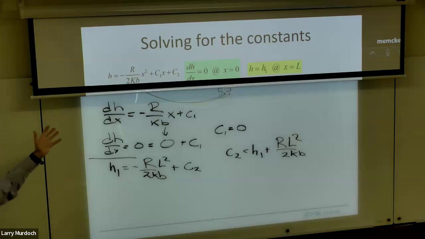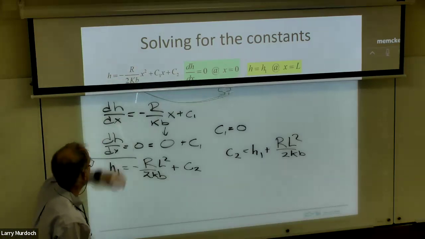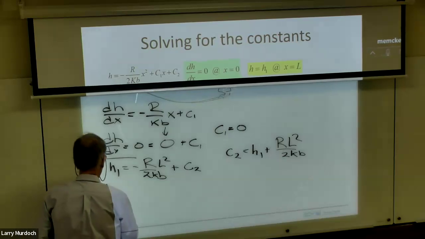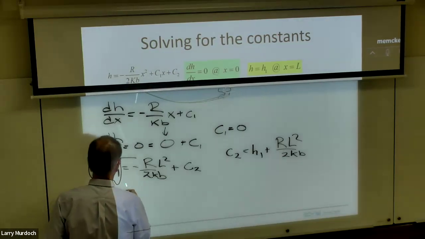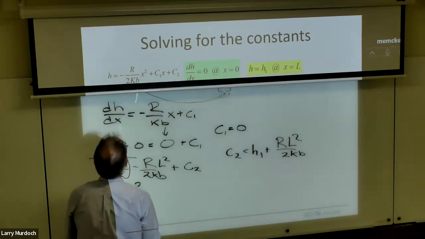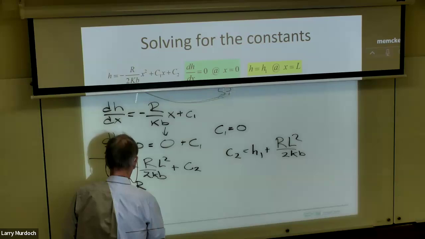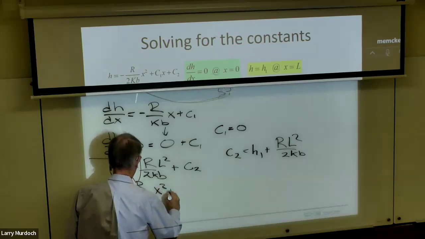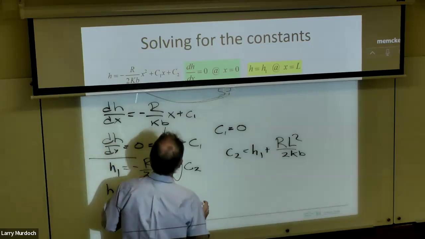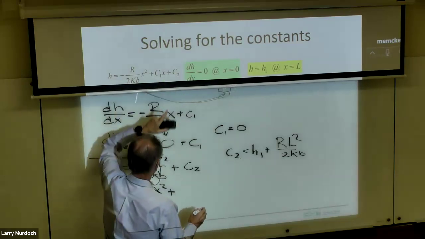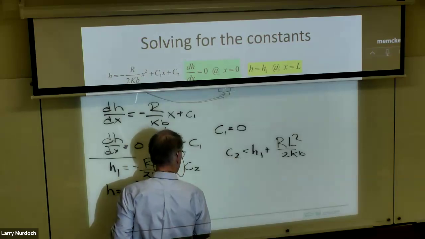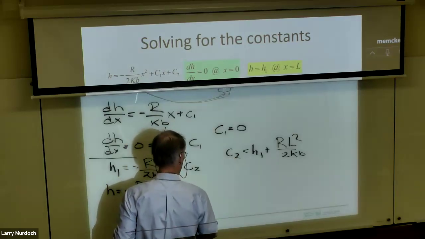And now we substitute back in here. So say h equals, plus C1, which is 0, and then plus C2, which is h1.